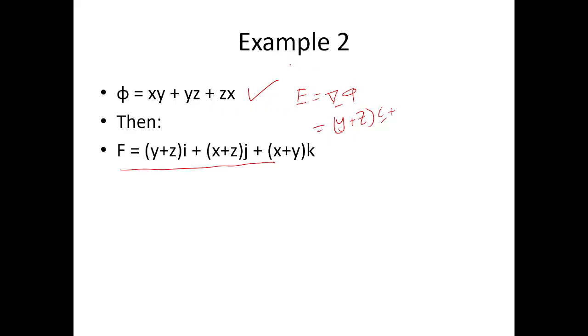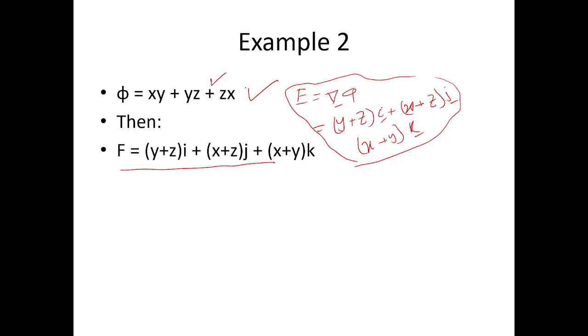Then with respect to y, that is x plus z in j, and differentiating with respect to z, that is x plus y in k. So this field should be conservative because we can find phi which is equal to this one, whose gradient is this F. So this is a conservative field. This is another example of the conservative field.